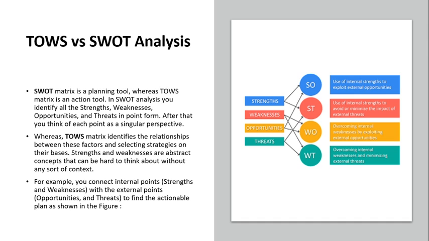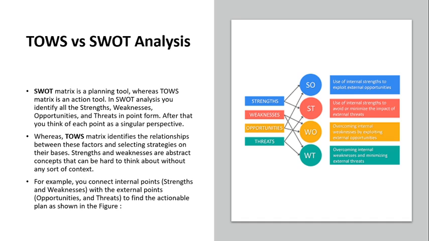If I take, for example, SO, it compares the use of internal strength to exploit external opportunities. You understand? Then, if I take ST, how does it compare? Use of internal strength to avoid or minimize the impact of external threat.